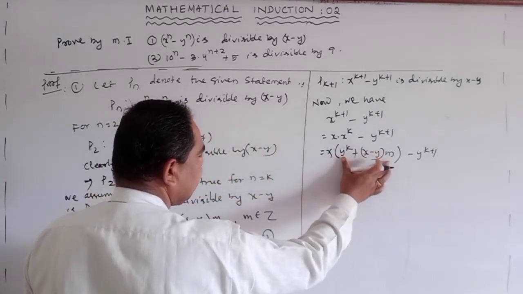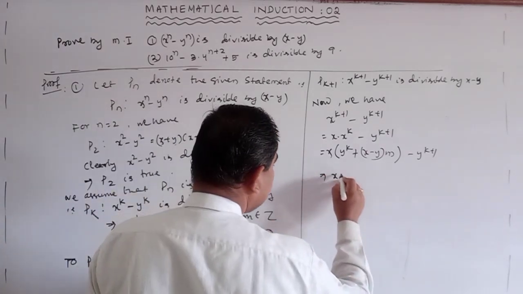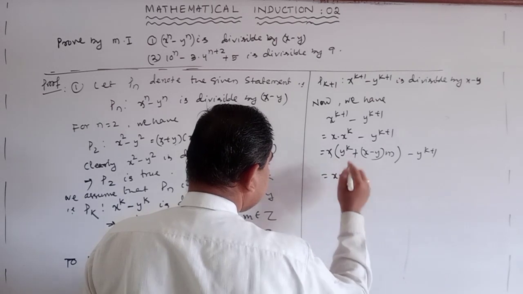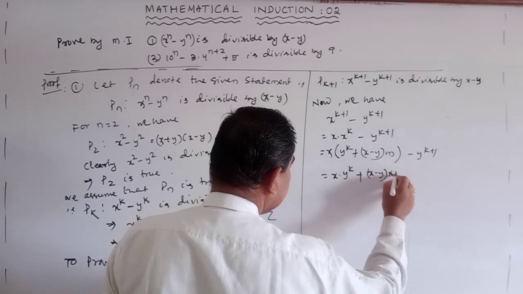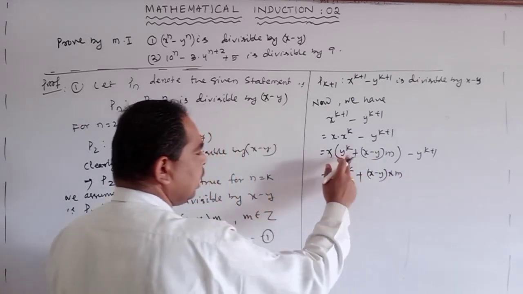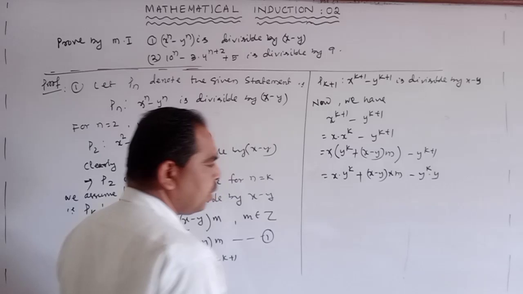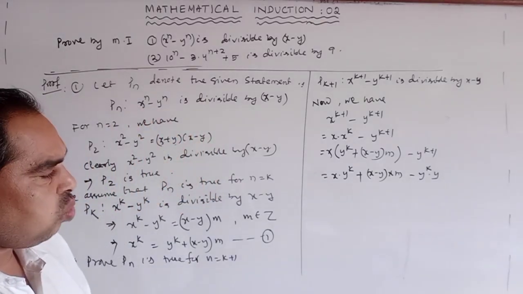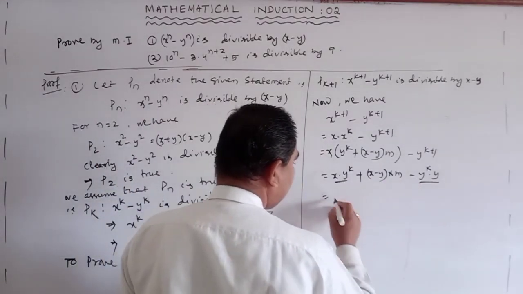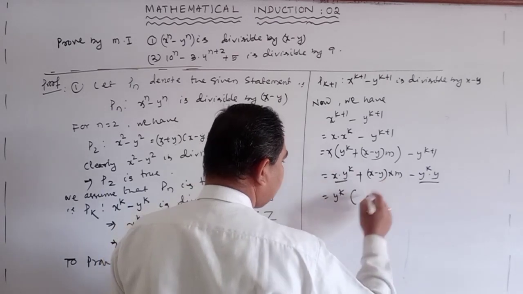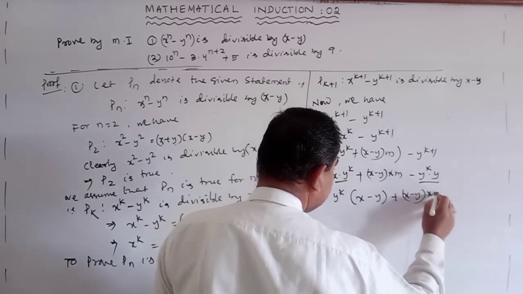X into x to power k means x into y to power k plus x minus y into m. So this implies x into this is equal to x into y to power k plus x minus y into x into m, x multiplied with each term, minus y to power k plus 1, meaning y to power k into y. From the first and third term, taking y to power k as common, we get y to power k into x minus y, plus x minus y into xm.